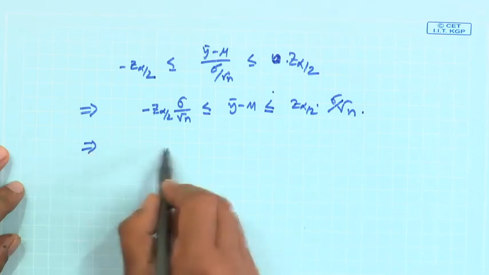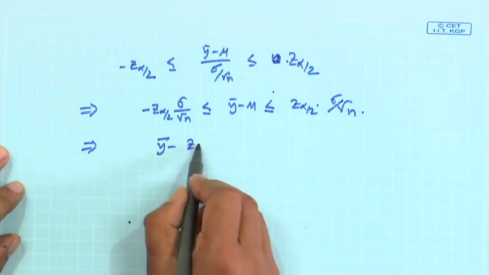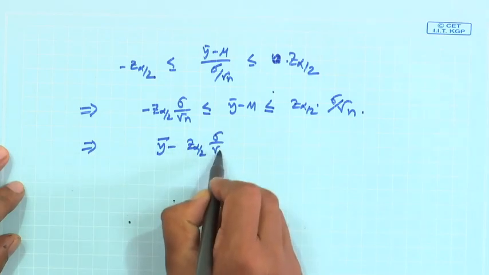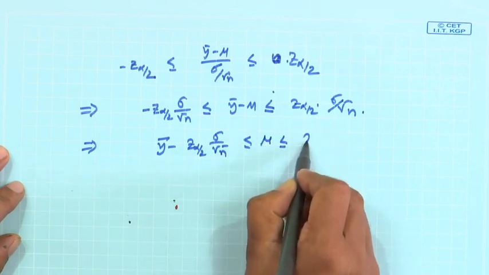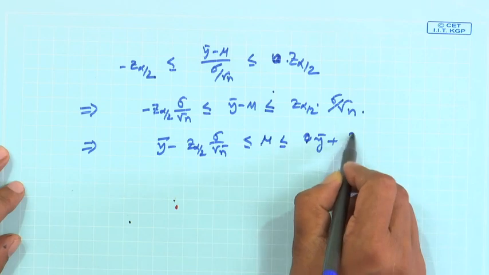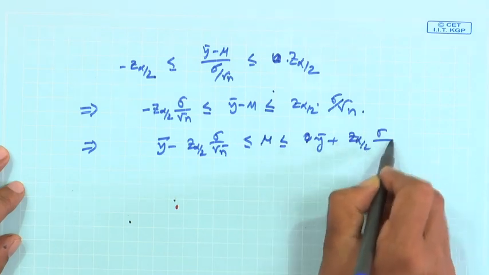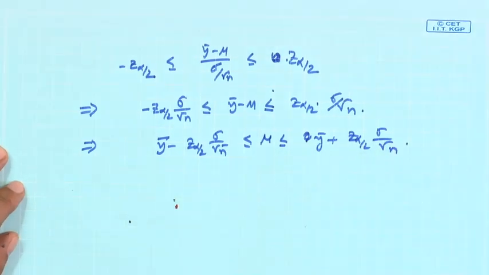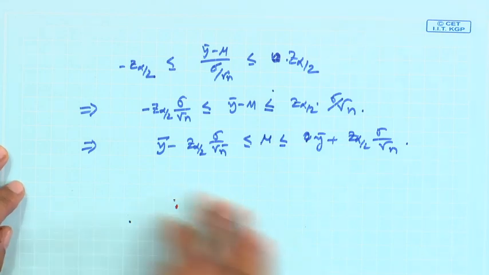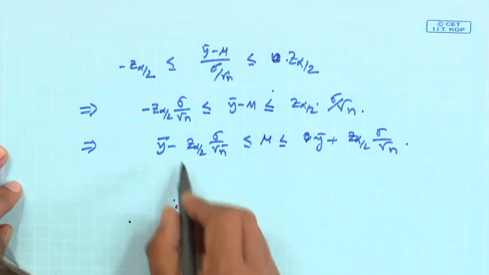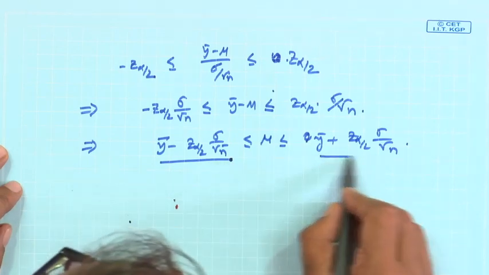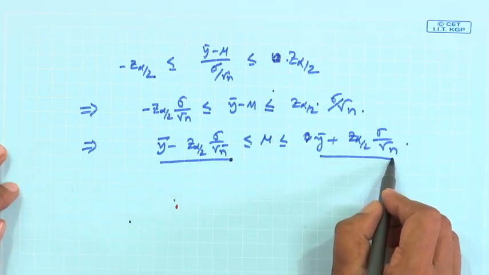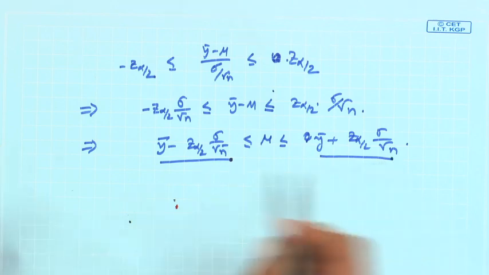If you further manipulate, you will find y bar minus z alpha by 2 sigma by root n, less than or equal to mu, less than or equal to y bar plus z alpha by 2 sigma by root n. So what is the confidence interval for mu then? Y bar minus this to y bar plus this.